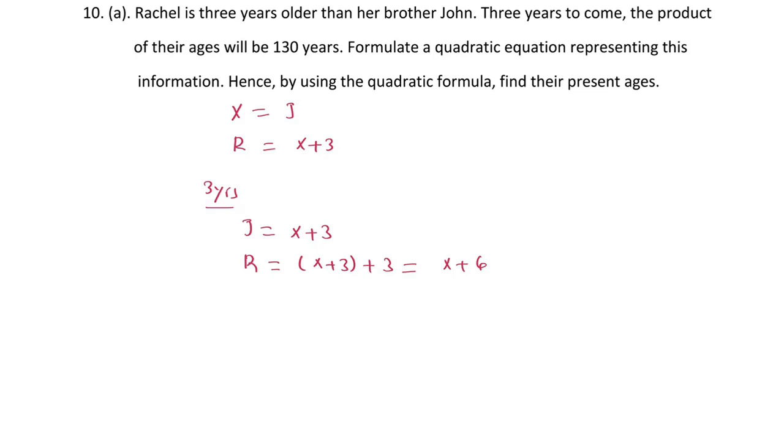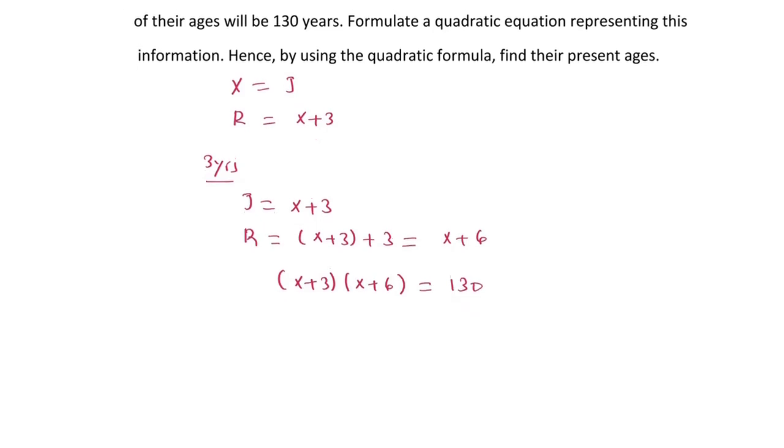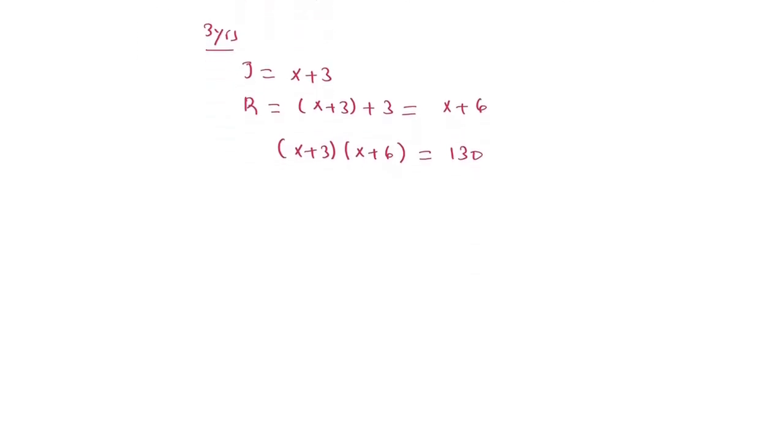And also we've been told that 3 years to come, the product of their ages is going to be 130. Then the equation will be, in brackets, x plus 3 times, in brackets, x plus 6 equals 130. Okay, so now let us expand our left-hand side.